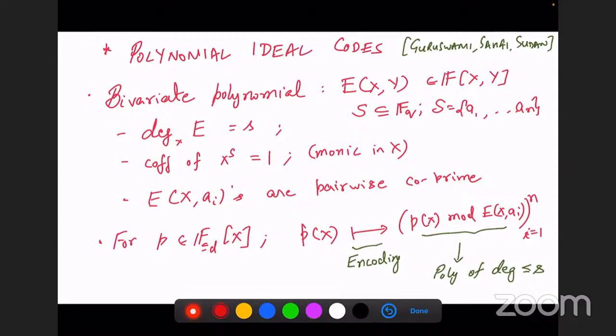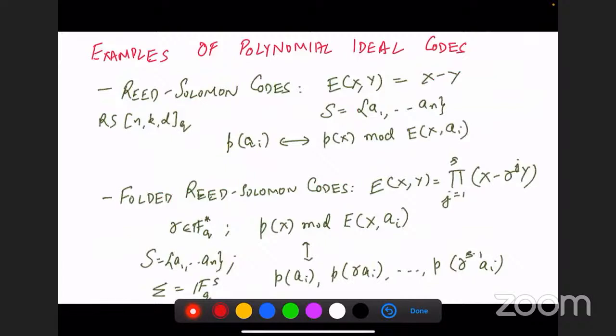Okay, so I'll move on to the examples now. So let's look at Reed-Solomon codes. So the Reed-Solomon codes are defined actually by this bivariate ideal X minus Y. And why is that the case? So the set of evaluation points stays the same as it was previously, a_1 to a_n.